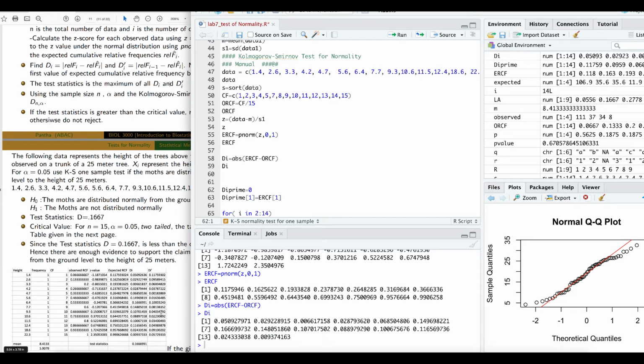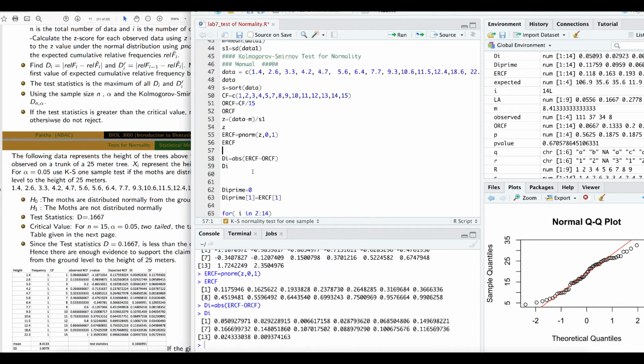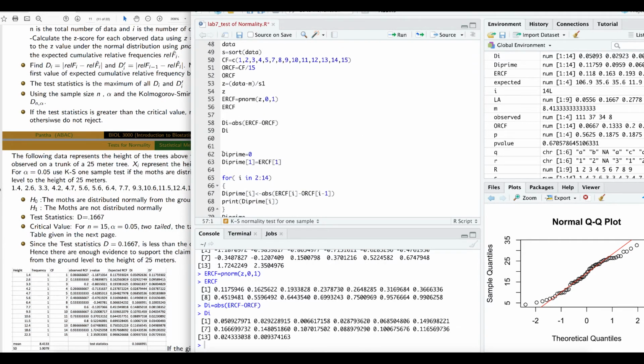Now finding Di prime is a little bit tricky, right? Why is that? The first value of Di prime must be the same as the first value of the expected. Di prime 0 just gives the position or the location, kind of in matrix form. Then the first value of Di prime is the same as the first of the expected.